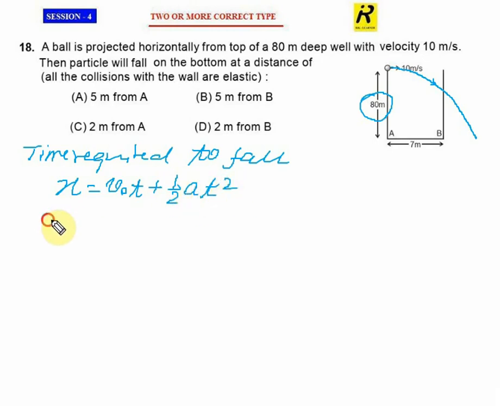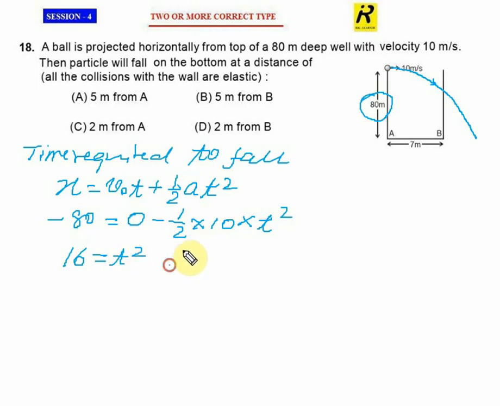The displacement is minus 80, vertically downwards. Initial vertical velocity is 0, and this will be minus half into 10, if I take g as 10, into t squared. So t squared equals 16, otherwise t equals 4 seconds.